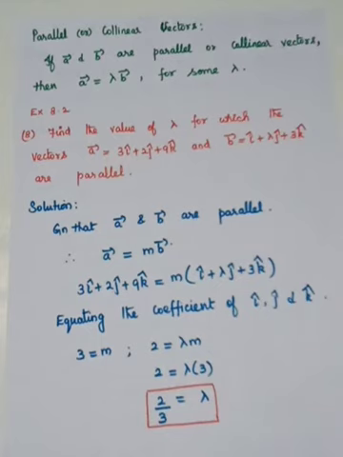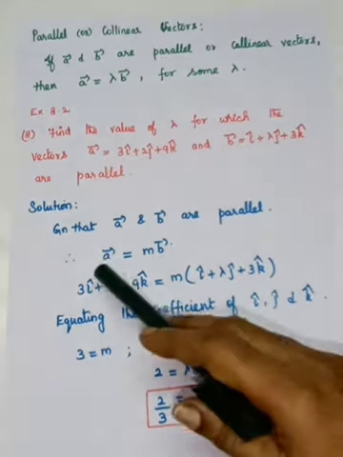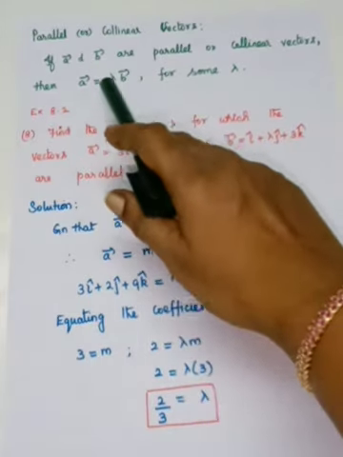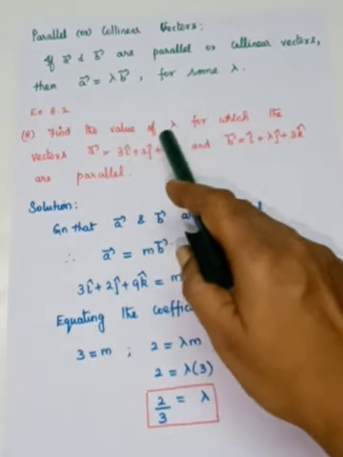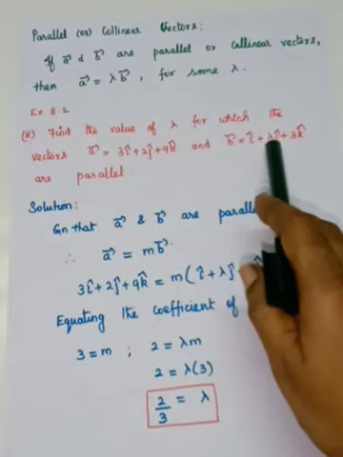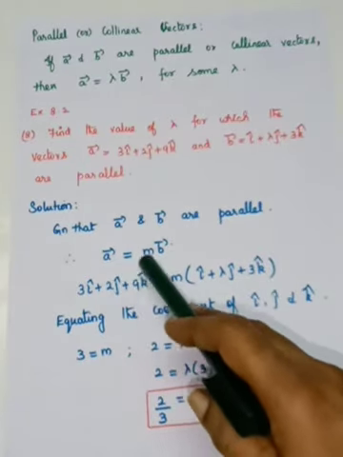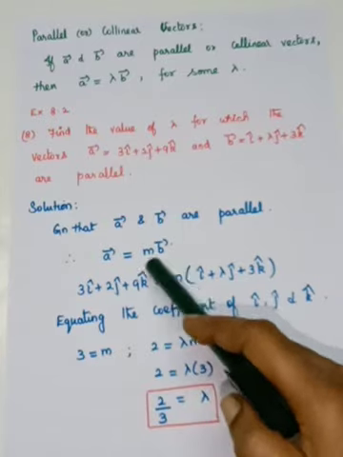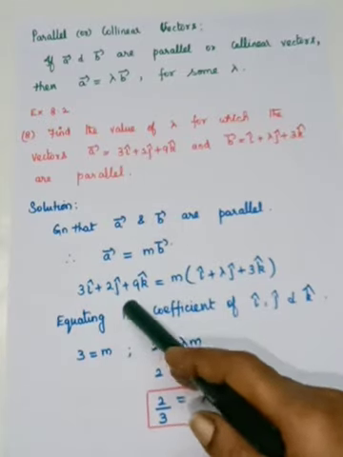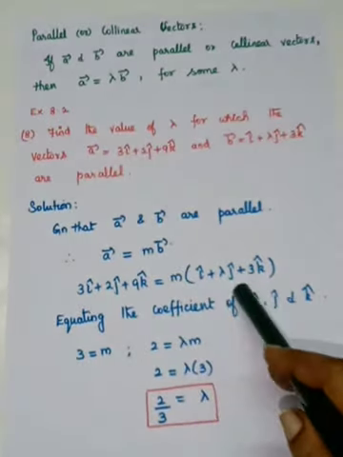One vector is a scalar multiple of the other vector. In this problem also you are having lambda here, so that's why I have changed the scalar to m. So A vector is equal to m into B vector. A vector is written on the left side, m into B vector is written here.